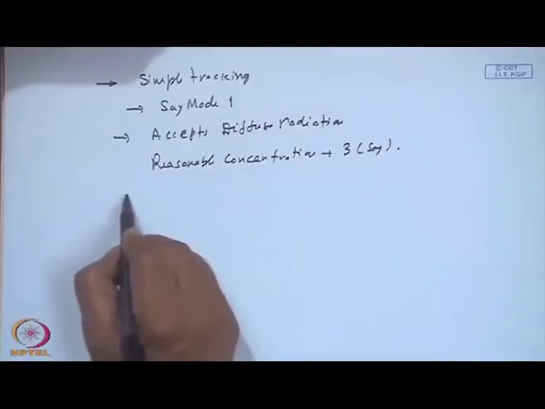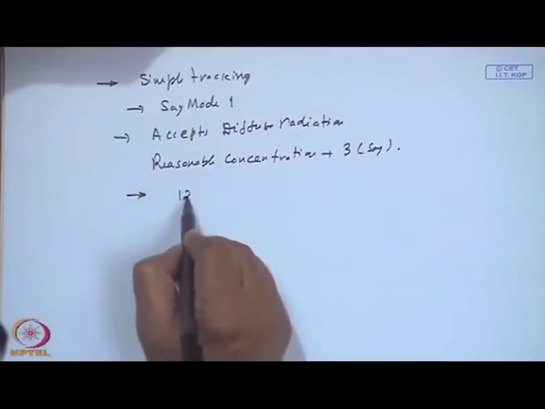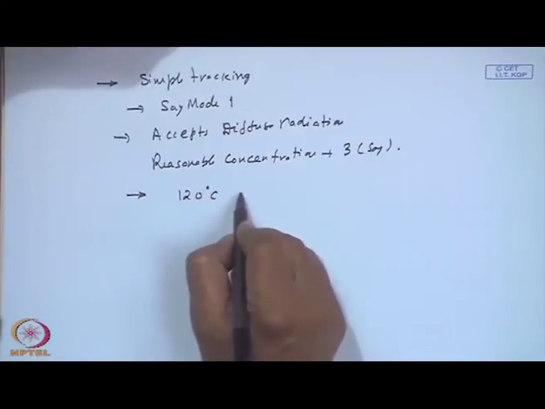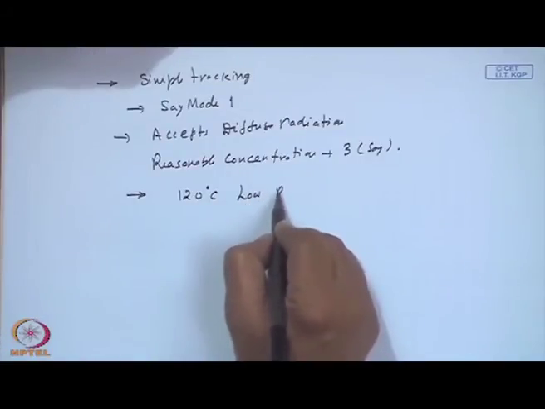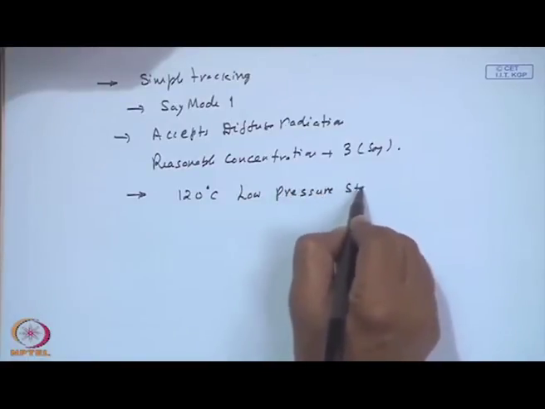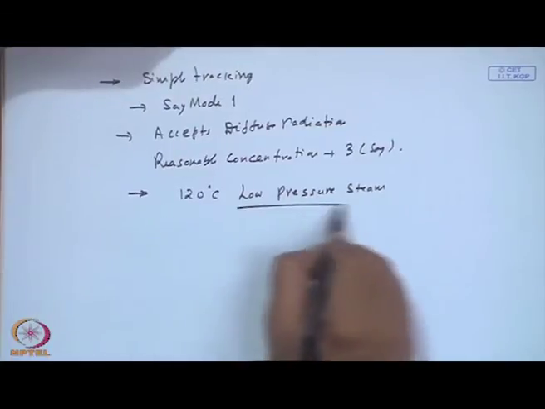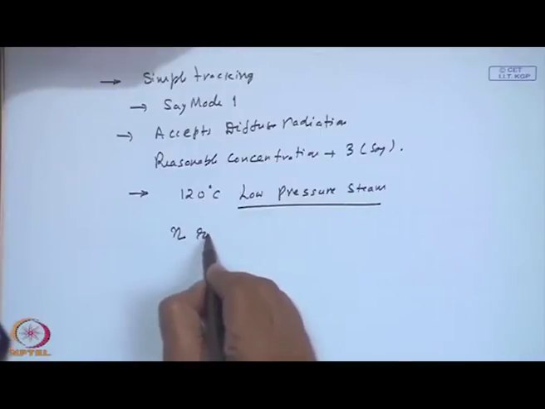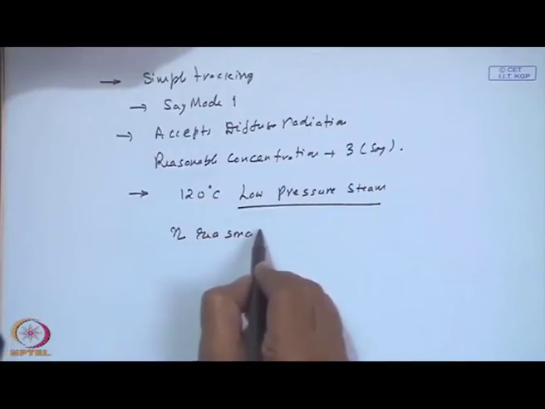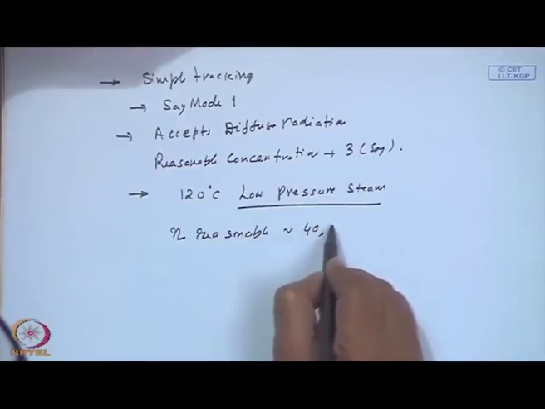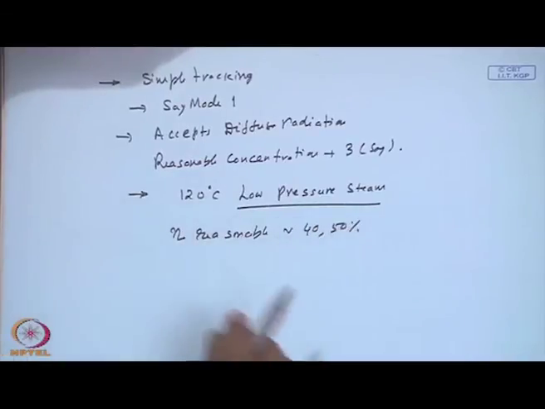So, something like 3 is okay, which is good enough for 120 degrees C, let us say low pressure steam, at a reasonable efficiency, maybe let us say 40 or 50%.